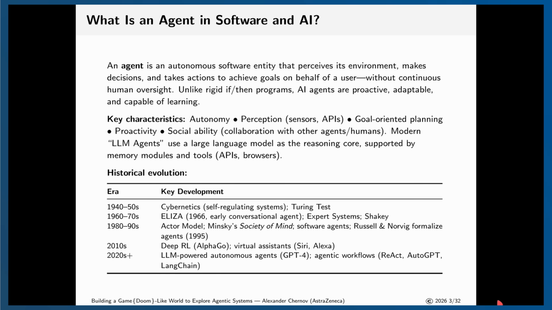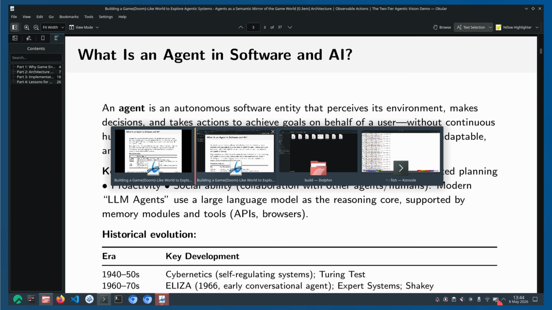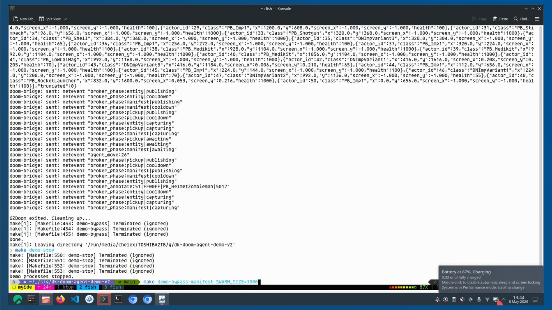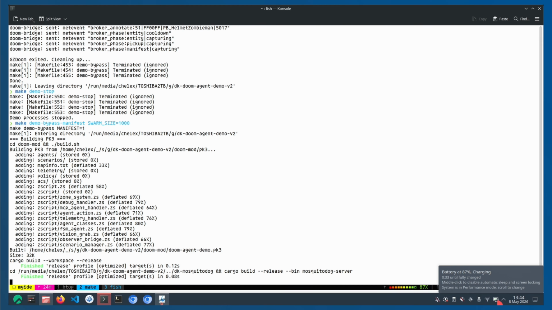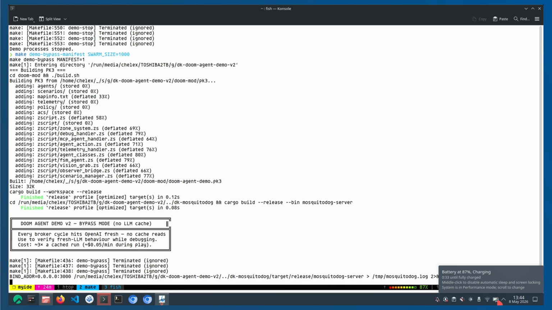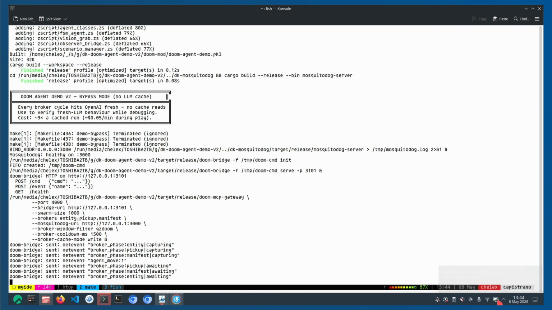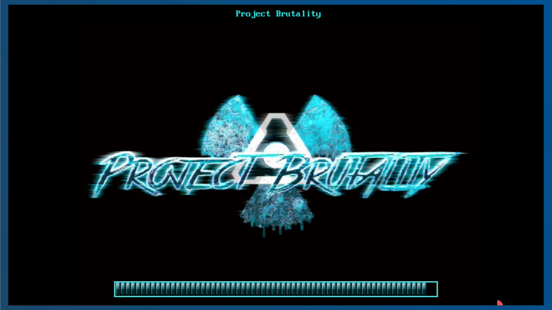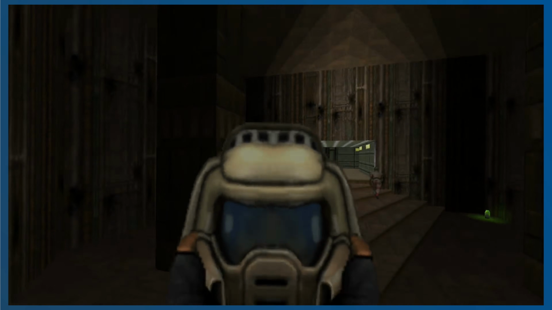What we're going to do is work with a game. I'm obviously not affiliated with GZDoom or whatever development, nor with Project Brutality, which is actually an investment in the look and feel of the game.